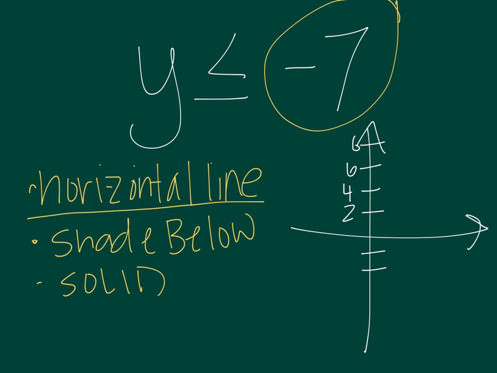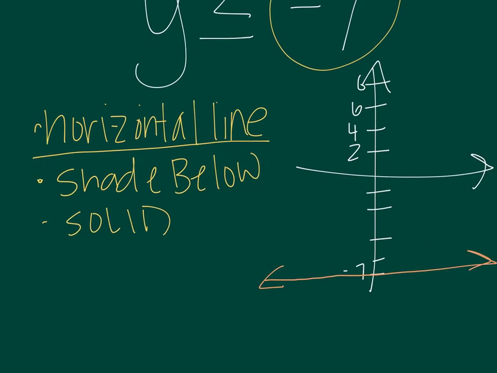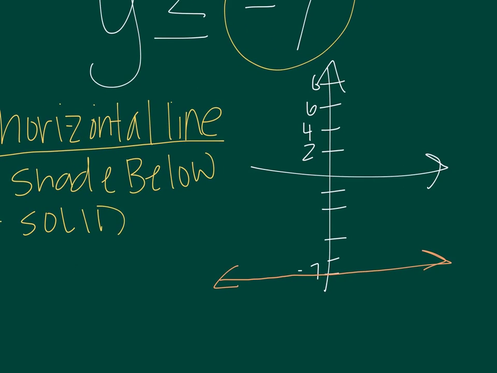Where we have negatives, we're going to say this is about -7, and make a horizontal line. That's a solid line right here. Let's make this a little bit easier to see, so I'm going to raise this up a little bit. And since we're shading below, it's just going to look like this.